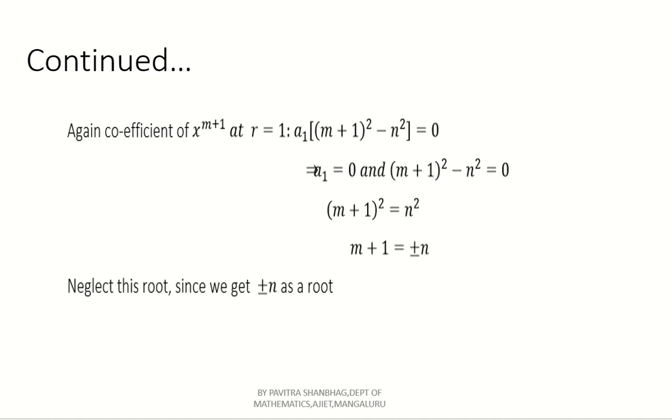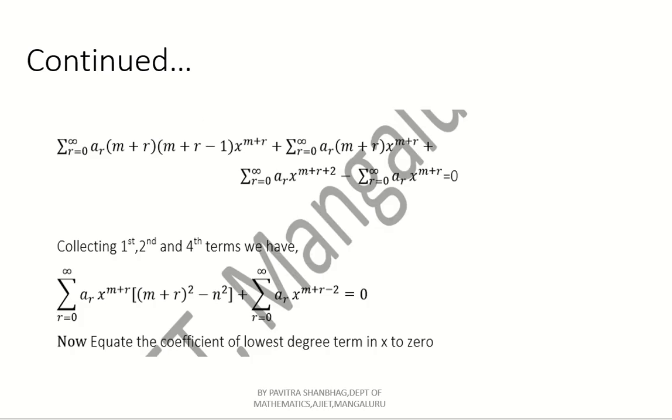Now, let us equate the coefficient of x power m plus 1 at r equal to 1. In the given expression itself, put r equal to 1 here. Then what happens? X power m plus 1 we will get here, right? So a1 into (m plus 1) whole square minus n square.